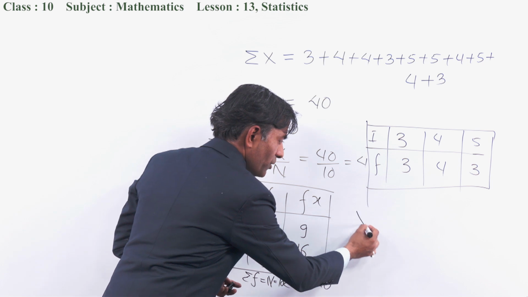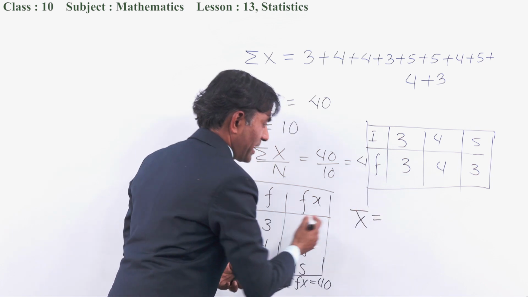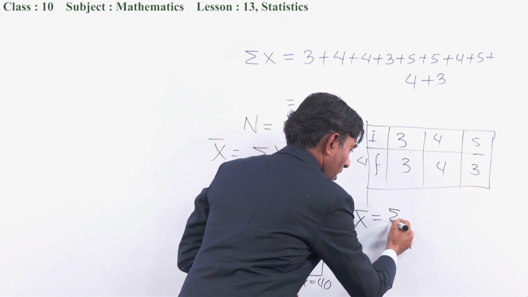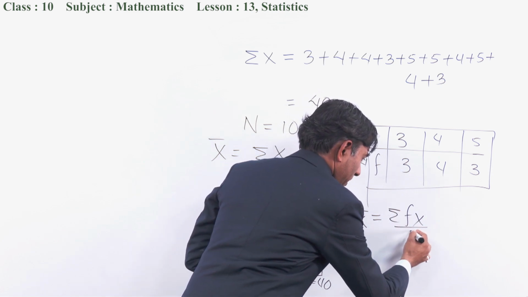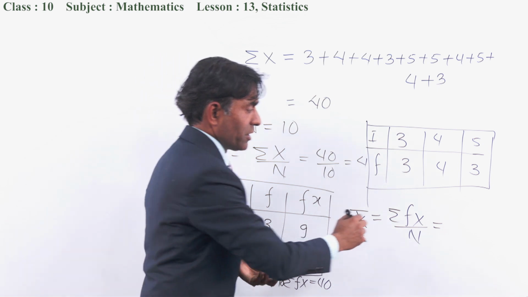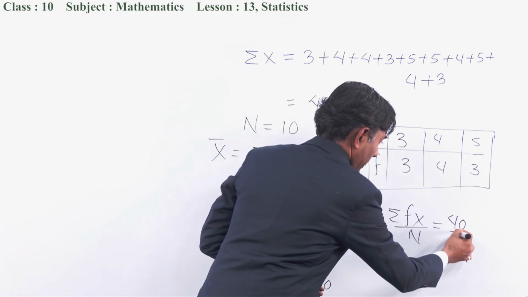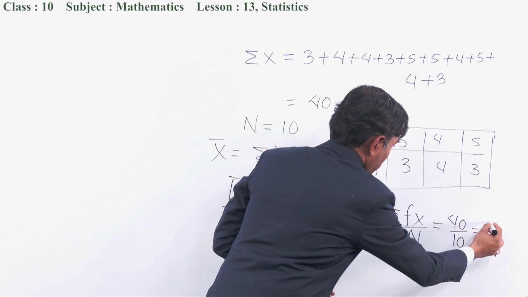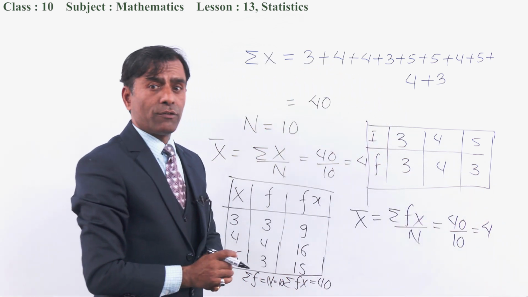So we know this formula from class 9. Mean x bar is equal to summation of fx divided by n. So this is equal to, do you know how much is fx value? It is 40 divided by n is 10. So this is equal to 40 divided by 10. This is again 4.